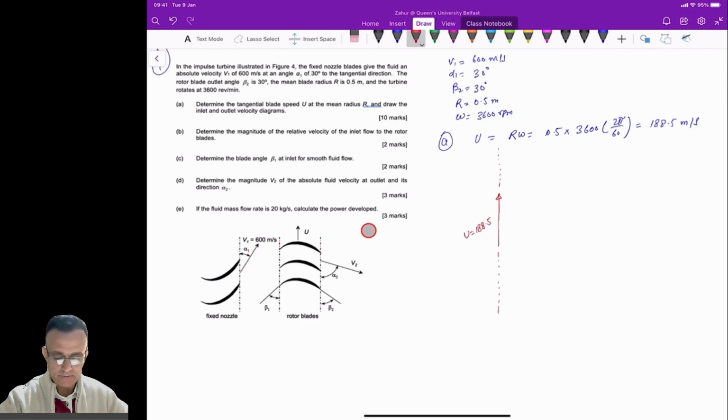So in this case, now we want to draw this vector v1, and again, you need to satisfy this condition that v is equal to u plus w.